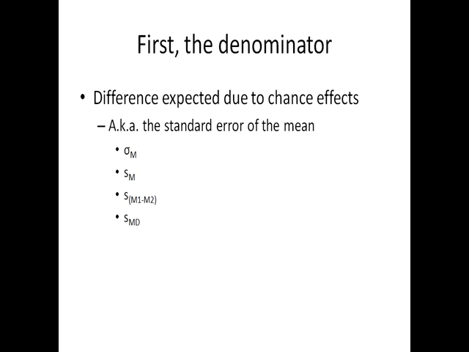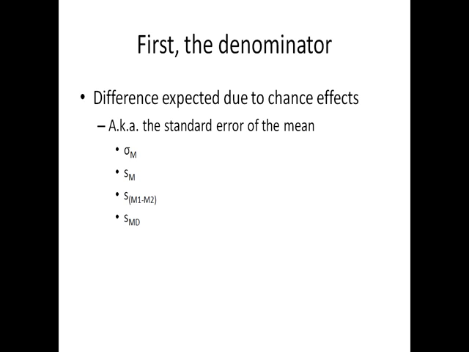With the single sample t-test, we're estimating the standard error of the mean based on that one sample. For the independent groups t-test, we estimate the standard error of the mean based on a balance between mean 1 and mean 2, the two different groups. We do that through the pooled variance.